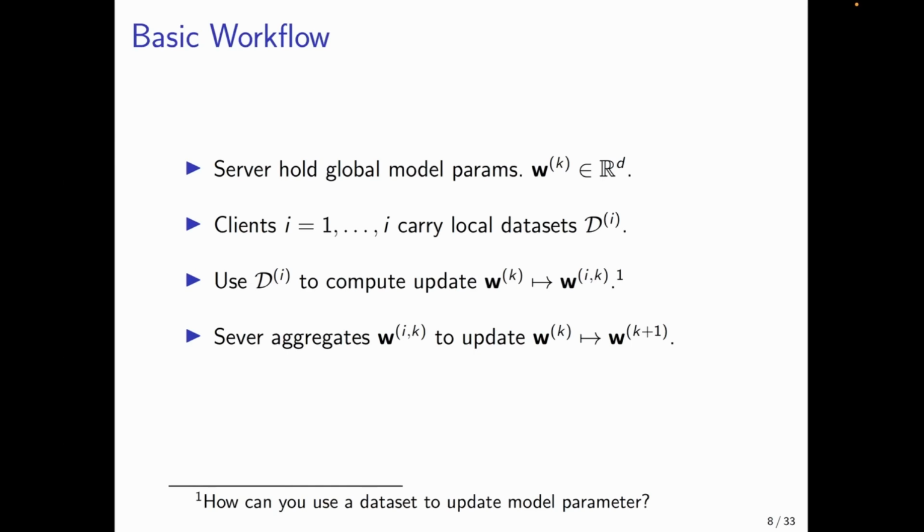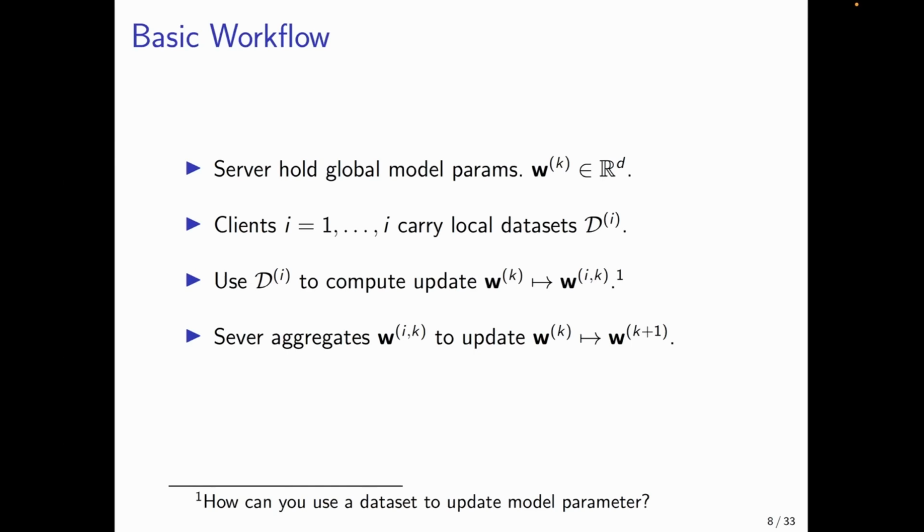So in single model federated learning, we want to train a single global model having parameters W superscript K. K is the iteration index. It's typically an iterative process. K indexes time steps. And we want to improve these global model parameters using local datasets.